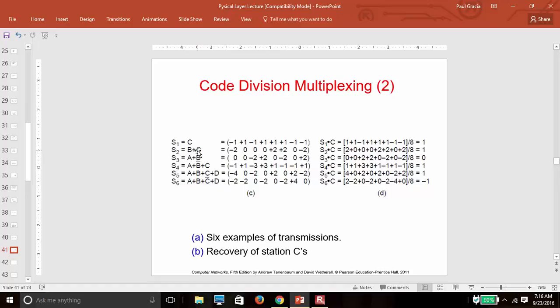The next signal that we have is B plus C. The next one we have is A plus the negation of B. And then the next one we have is A plus B plus C, then A plus B plus C plus D, A plus B, the negation of C, and D. So these all get added up together, and basically what we need to do is take the normalized product, and when we do that, we get the correct value of C. By taking the product of the signal that's sent, we're able to filter out the value of C.